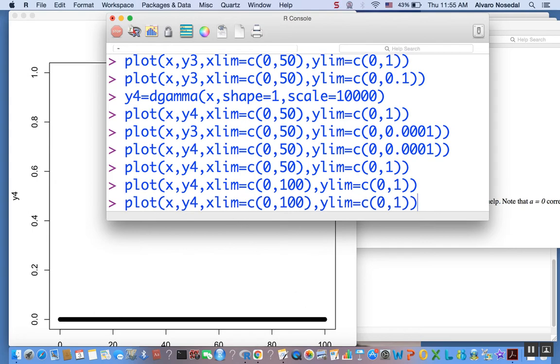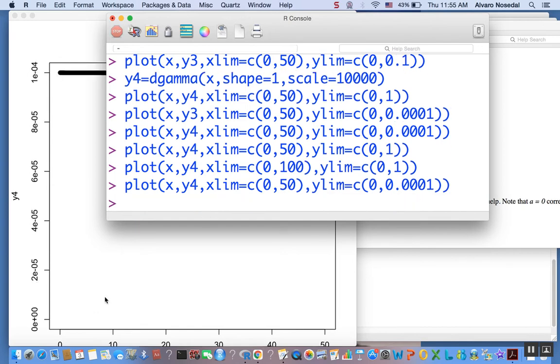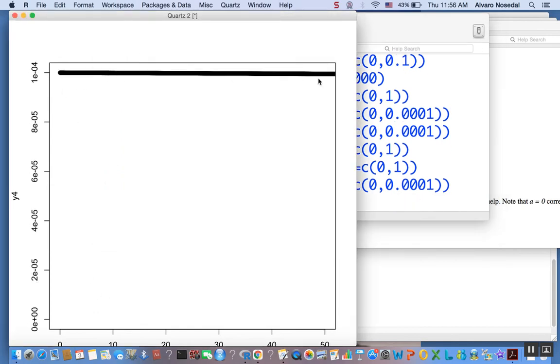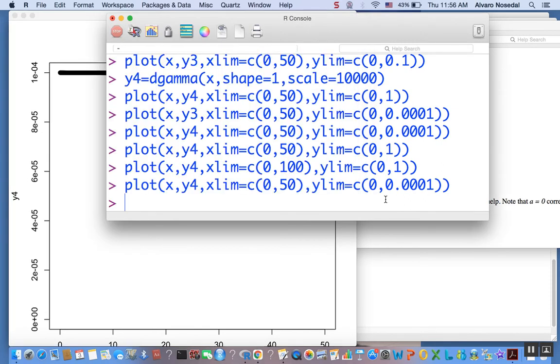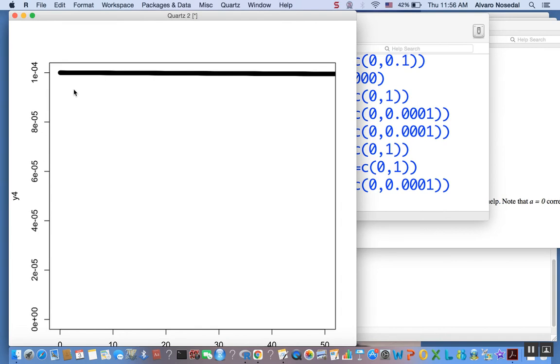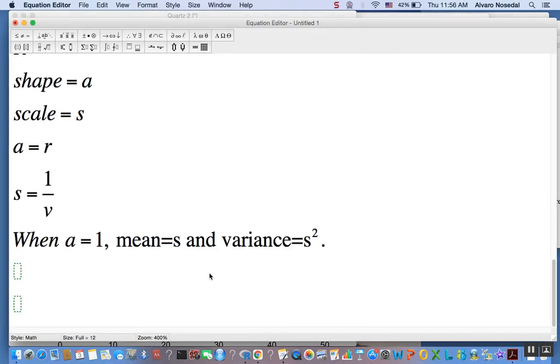And when we made the vertical more restricted to smaller numbers, still we see that it's basically a flat line, right? So what I want you to see is that an exponential prior, which is what we have here, with a big value of s, looks very flat, right?